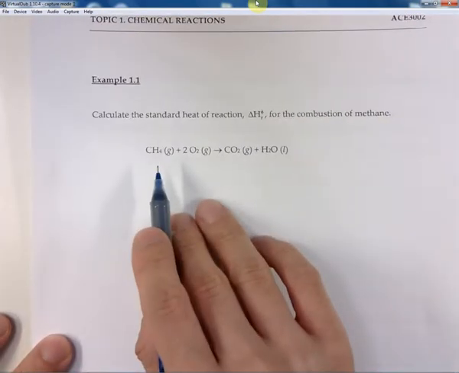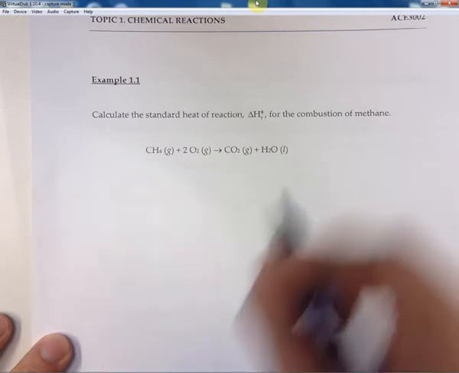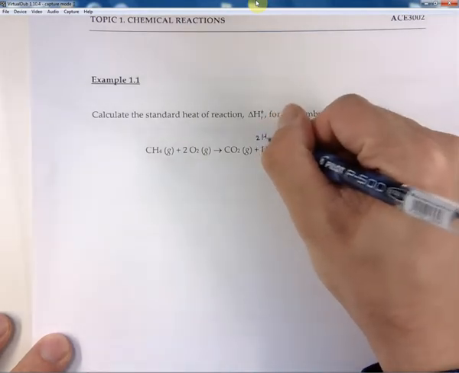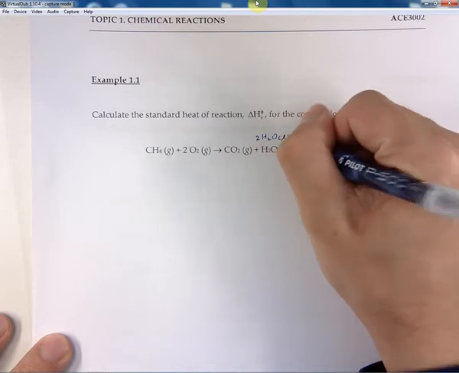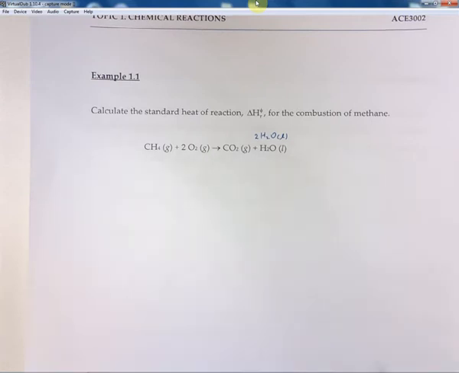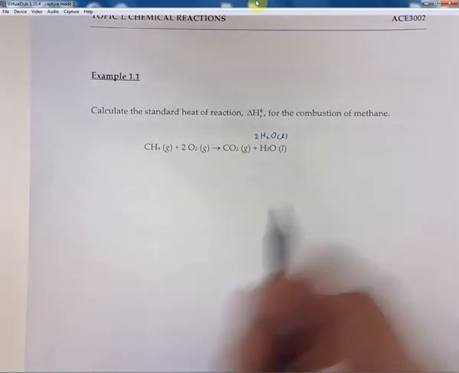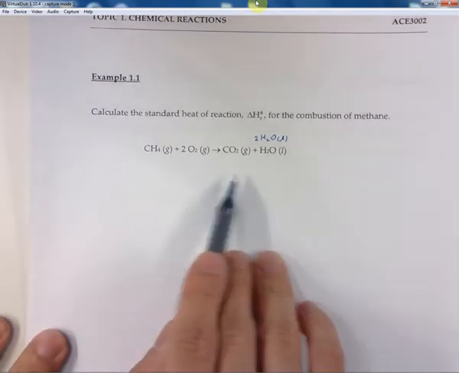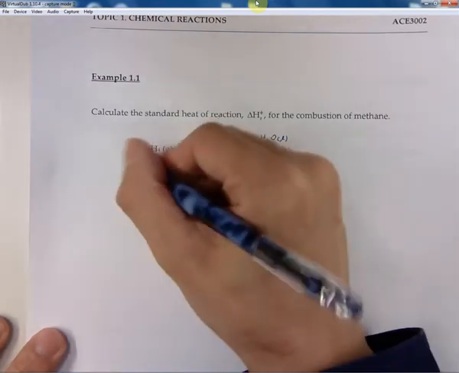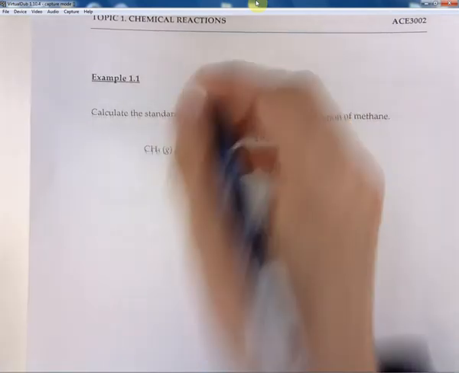So CH4 plus 2O2, and this is 2H2O in liquid form. Do take note that it's liquid form because it plays an important role later. With this we see that the equation is balanced. So how are we going to solve it?